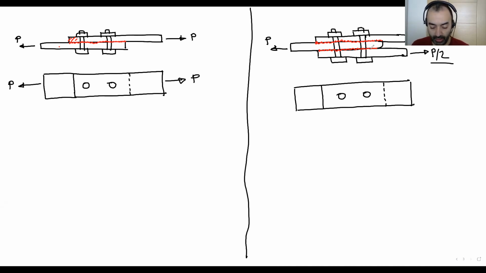We know this. Now we are going to write the allowable shear capacity of 1 bolt, P_TM.